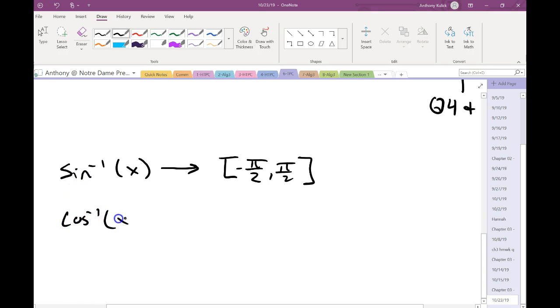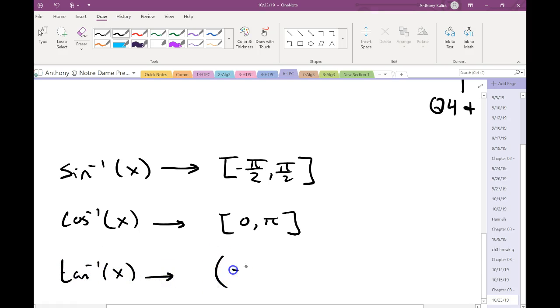Cosine inverse is only going to give us answers between 0 and pi. And tangent inverse is only going to give us answers from negative pi over 2 to positive pi over 2. Notice that I used parentheses for tangent and not brackets.